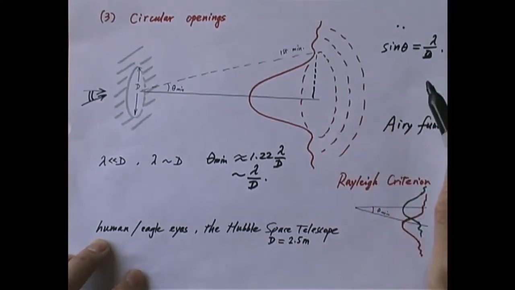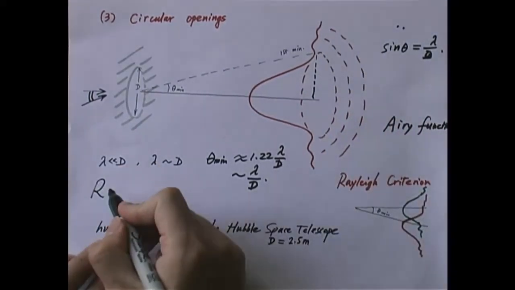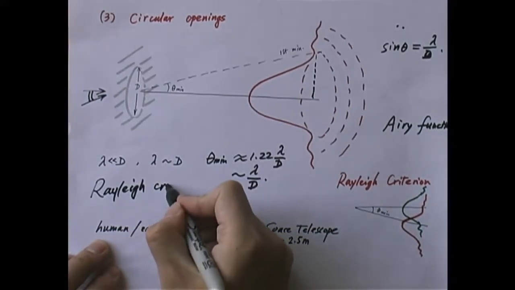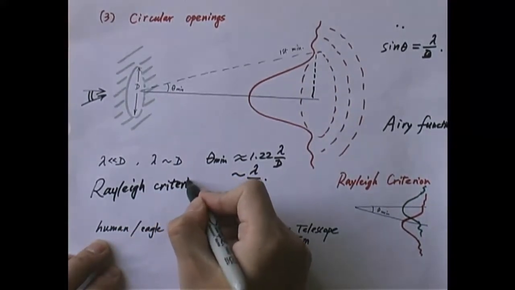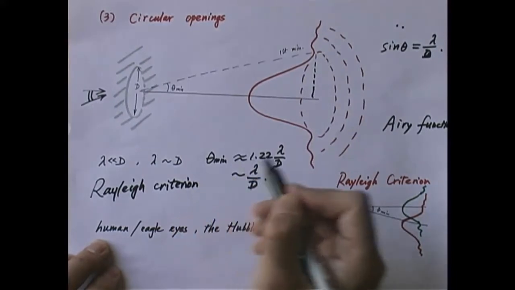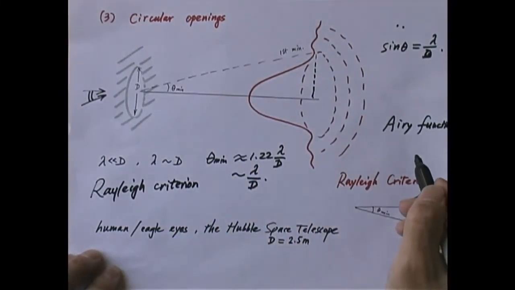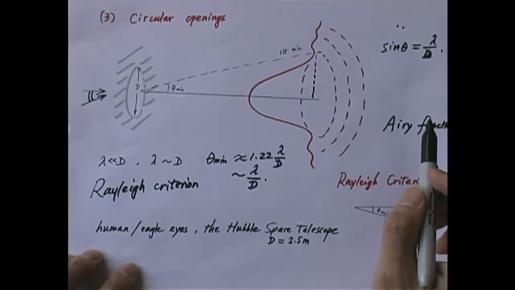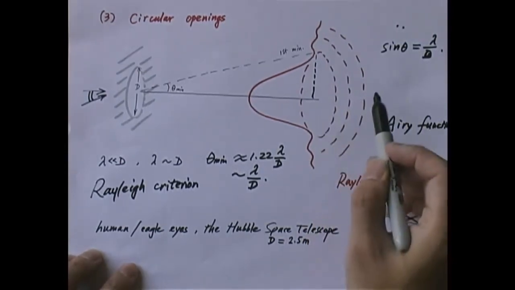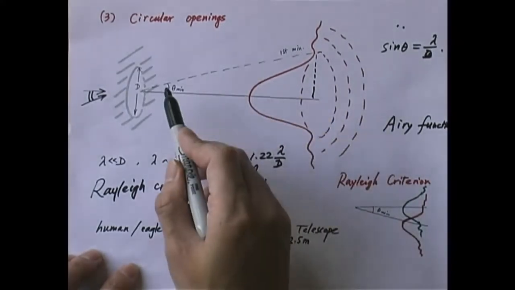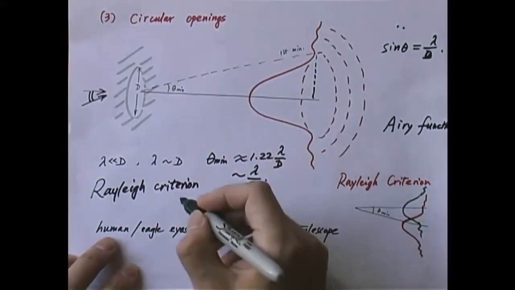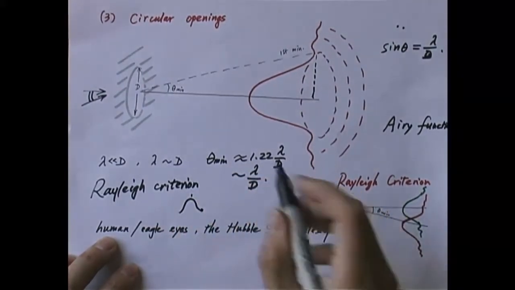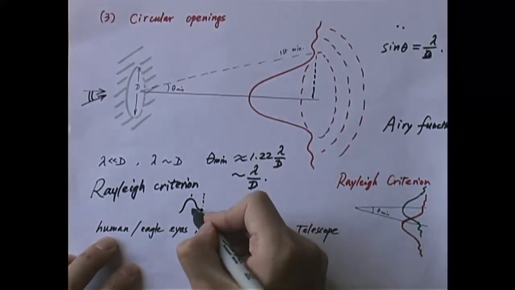Now we're going to use what's called the Rayleigh criterion. The Rayleigh criterion was first proposed by Rayleigh, a British physicist. He proposed that in order for these two stars to appear as two different stars, the minimum angular separation between them would be such that the edge of one Airy spot coincides with the peak of the second Airy spot.